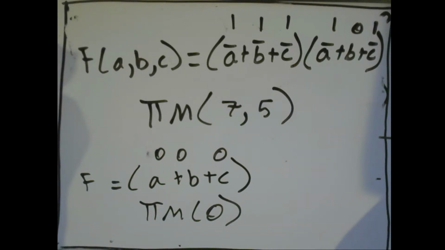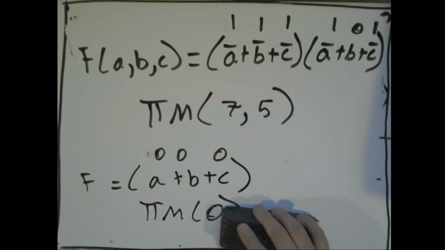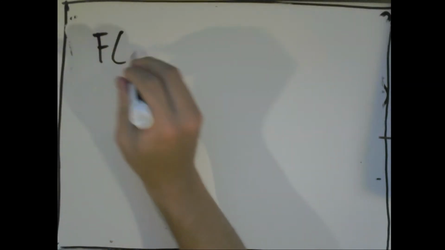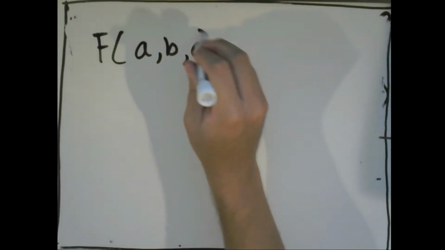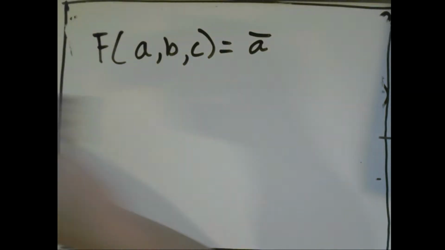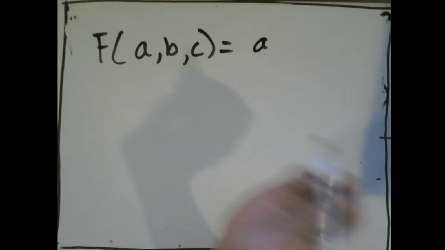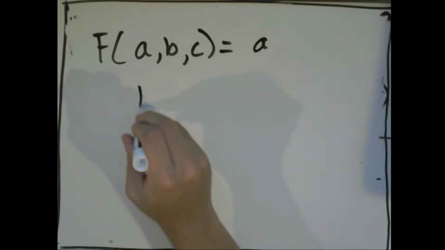So someone's asking, what if you wanted to find the product of max terms instead? We can go back to that example real quick. This F of A, B, C was just equal to A. And we know this product of max terms.